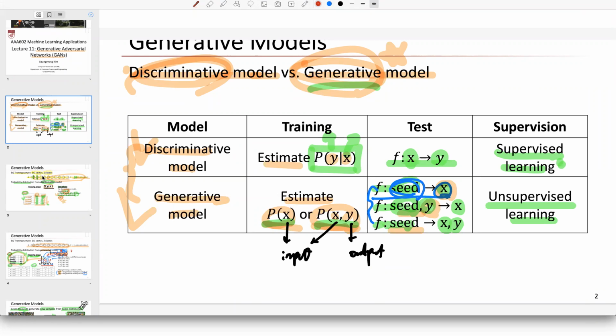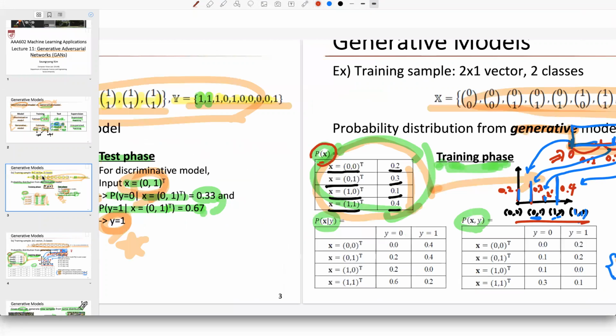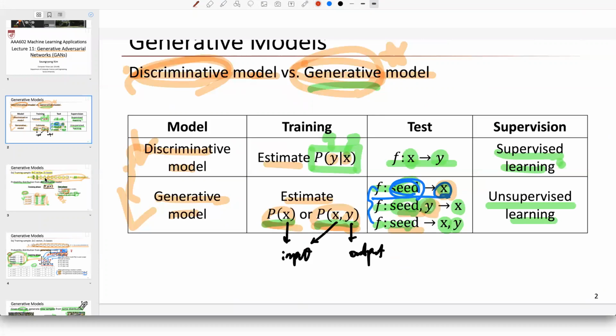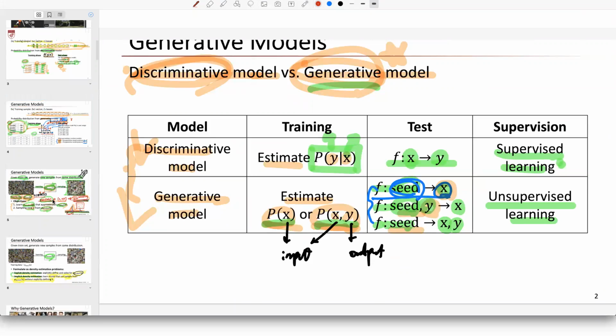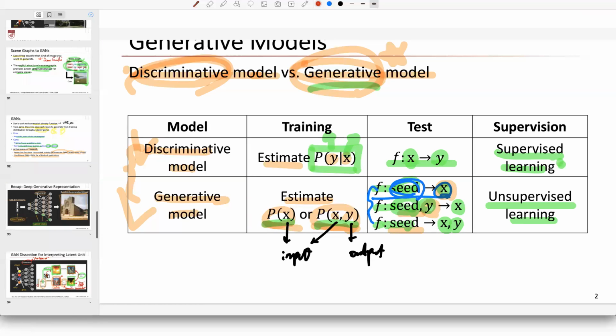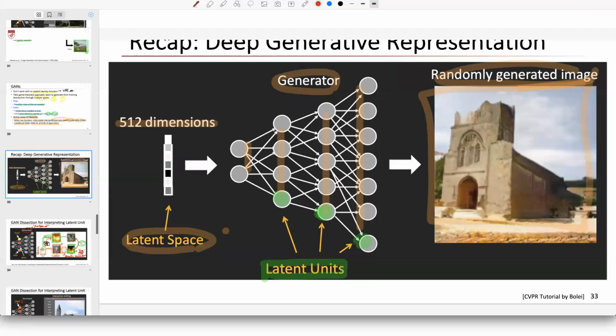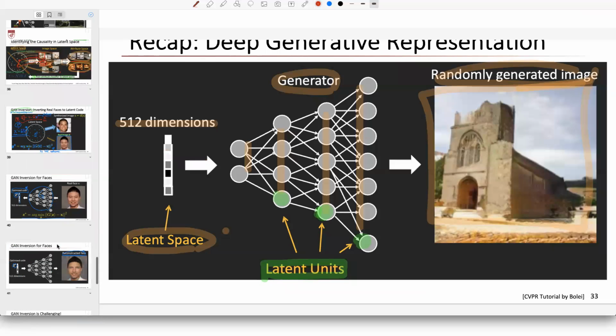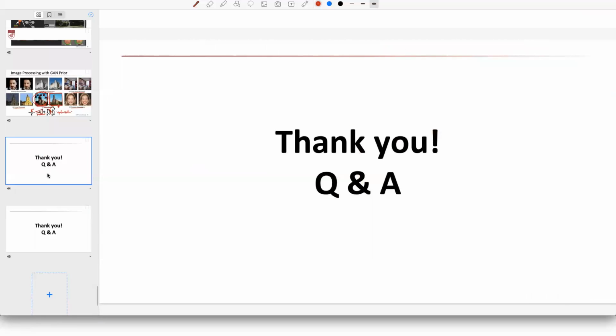It was very pure, but as you know, it's really hard to train. So nowadays there is another approach that uses a pre-trained generator to manipulate or to restore our input data. Okay, so this is the end of lecture 11.